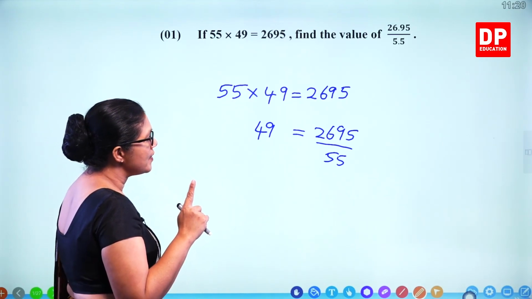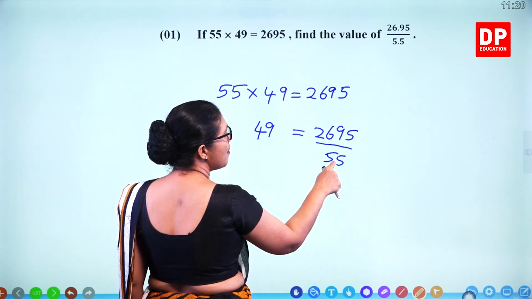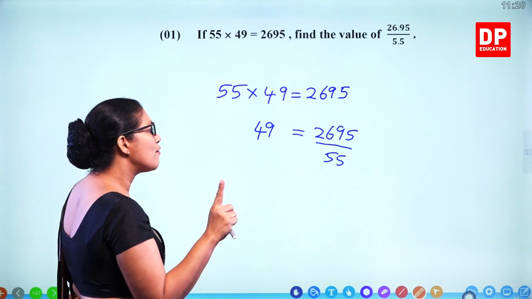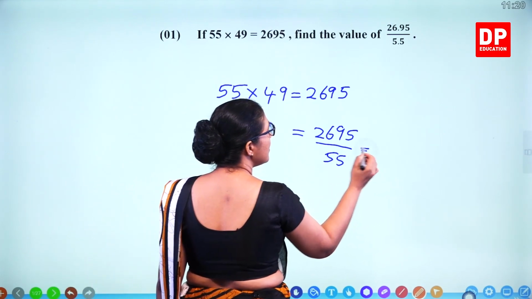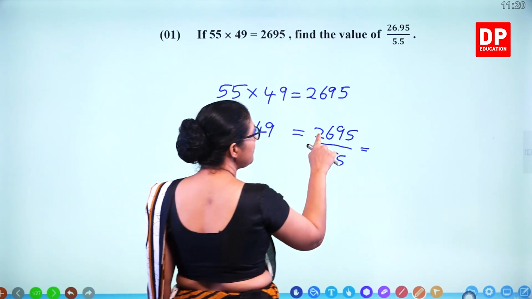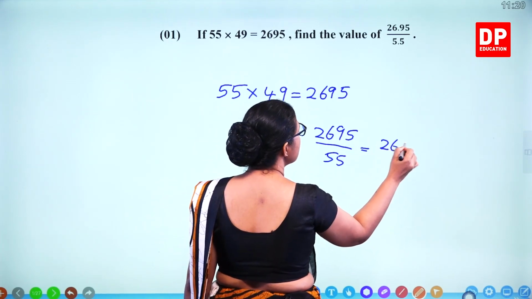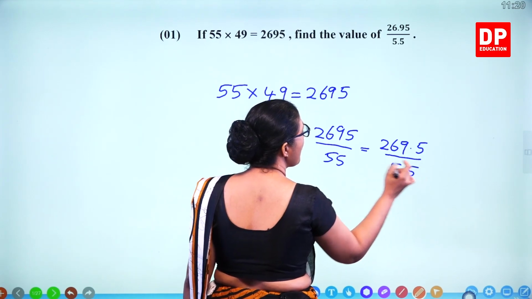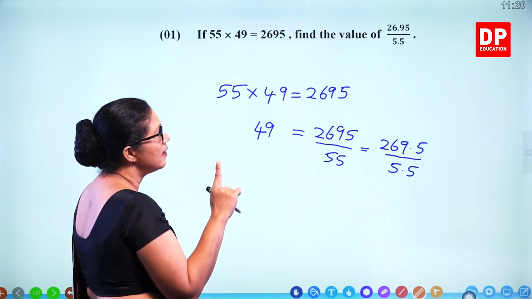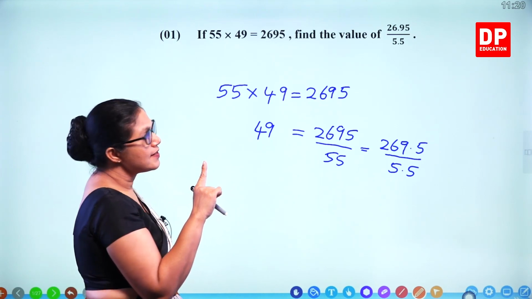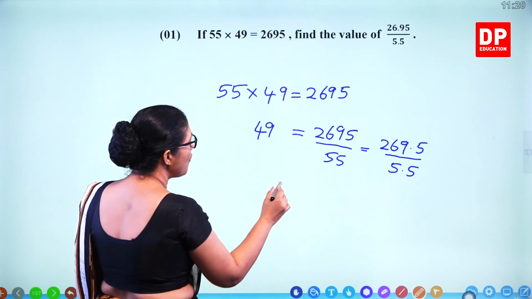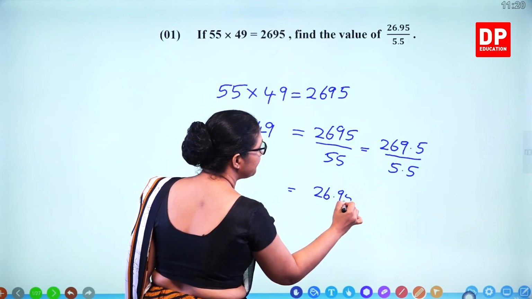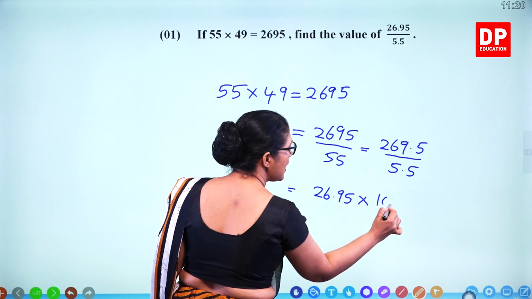Now see what happens. You have to divide the denominator by 10. You can do the same thing for both. Divide by 10. That means 269.5 divided by 5.5. But still not okay. So 26.95, how do you write this number as 26.95? I can multiply by 10.